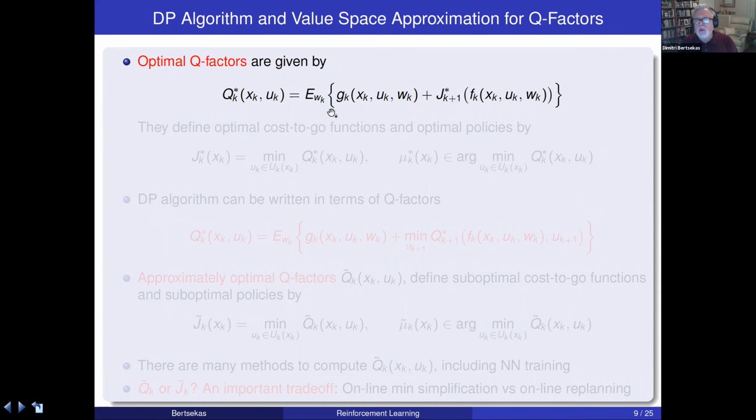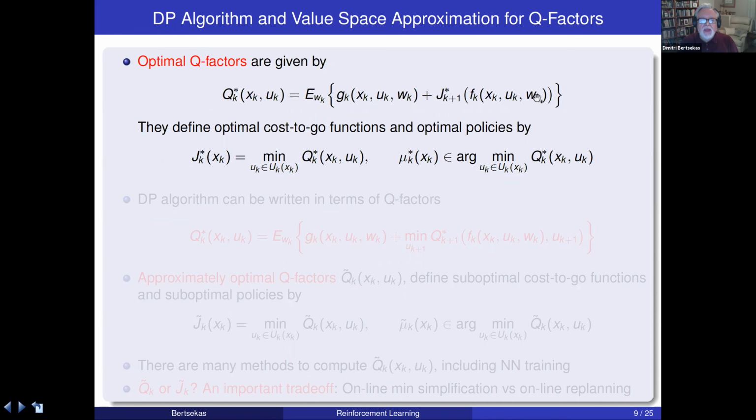That's what we minimize over u to obtain the typical dynamic programming step. Okay, so this is the definition, and the optimal Q factors are related to the optimal cost to go, the J stars. Now, notice that the dynamic programming algorithm can be written compactly in terms of Q factors like so, right? The dynamic programming algorithm is the minimum over uk of this expression. So by definition, we have this alternative expression for the dynamic programming algorithm.